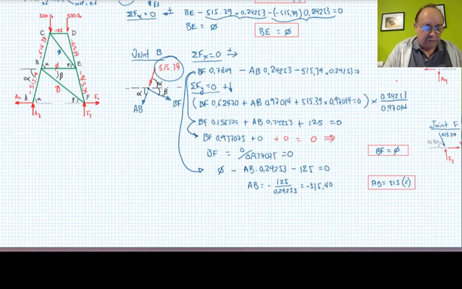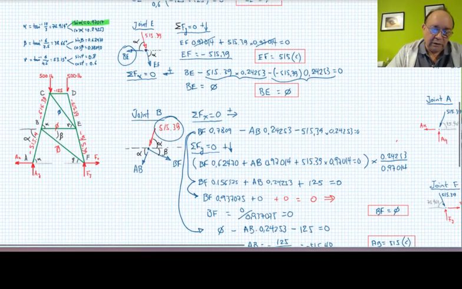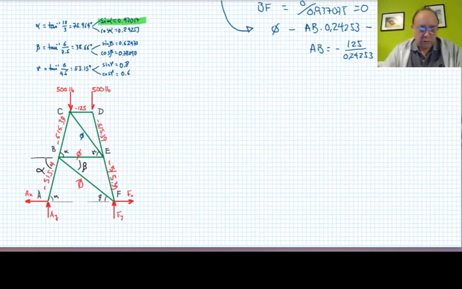So now we just have two more joints to do, A and B. We can do either one, both have just two unknowns, so we can do it in any order we want. Let's do first joint A. Let me move this down. Joint A.